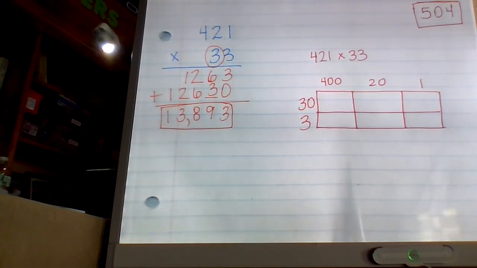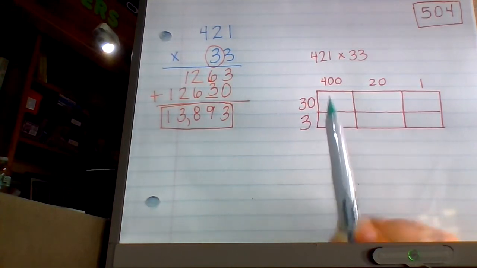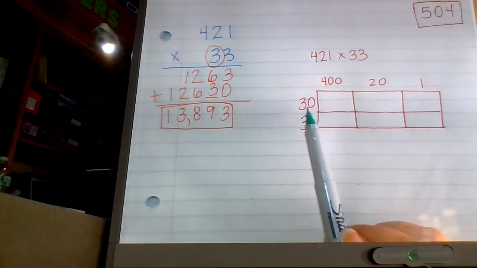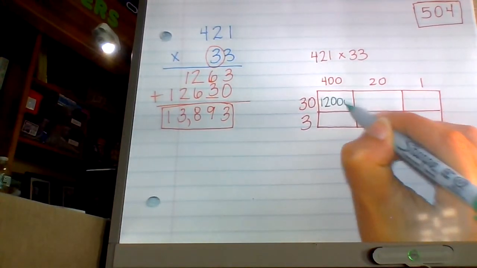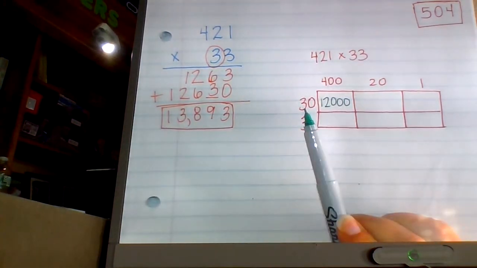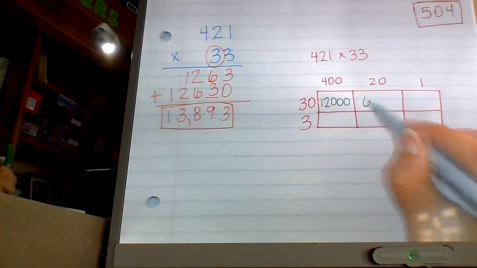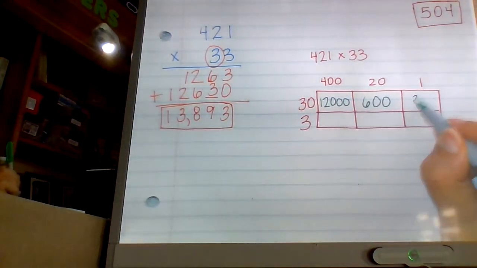So I'll multiply my hundreds place by the tens place, so 400 groups of 30 would be 12,000. 20 groups of 30 would be 600. And 1 group of 30 would be 30.